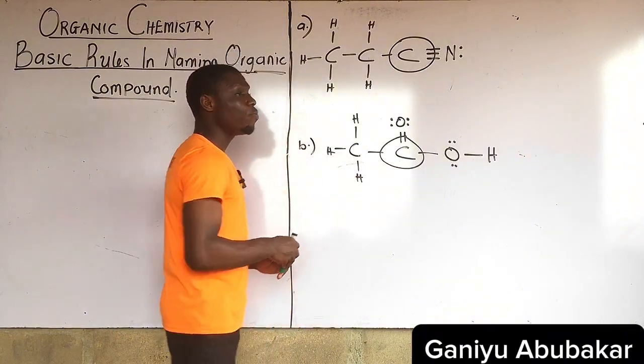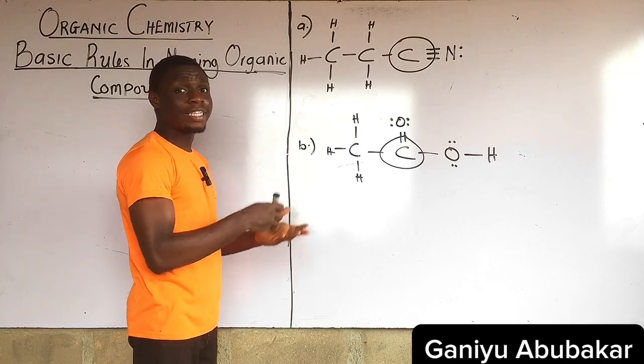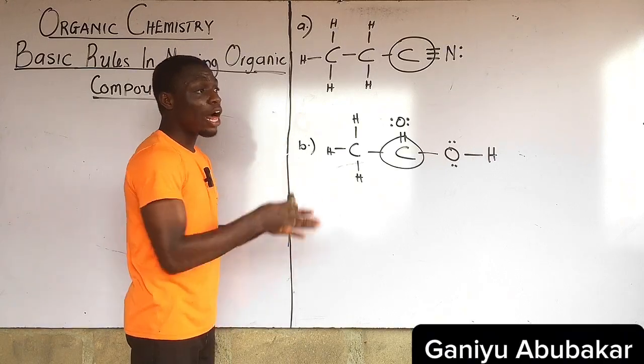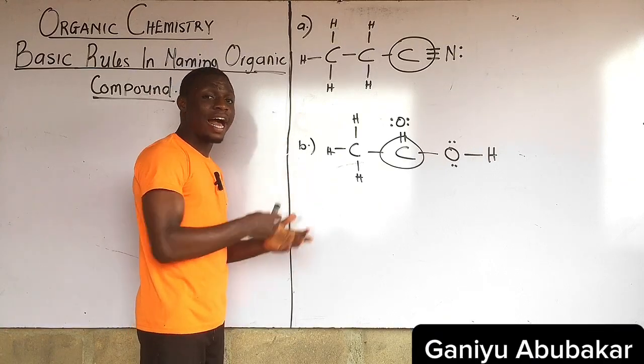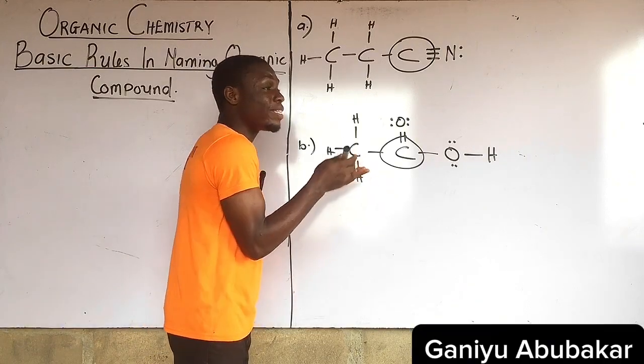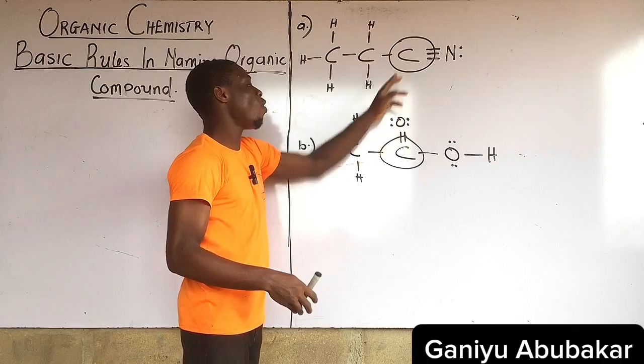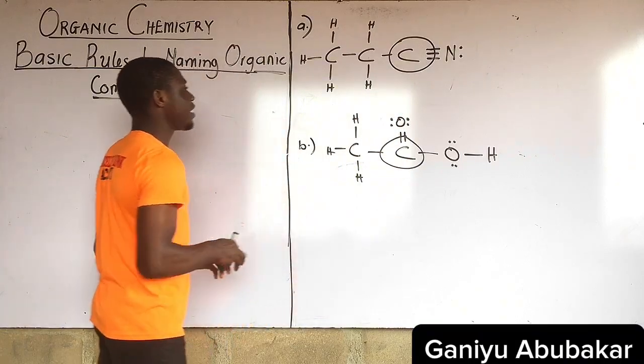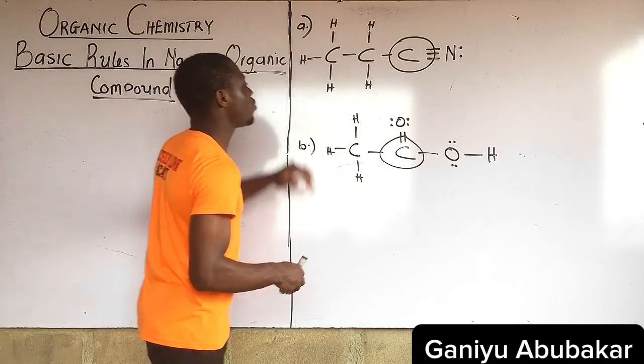What we know before is that alkanes are sp3 hybridized, alkenes are sp2 hybridized, and alkynes are sp hybridized. So we tell the hybridization pattern of the highlighted carbon here. My first task is to get the total number of sigma bonds and pi bonds.